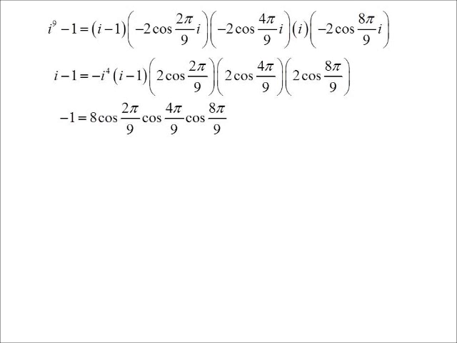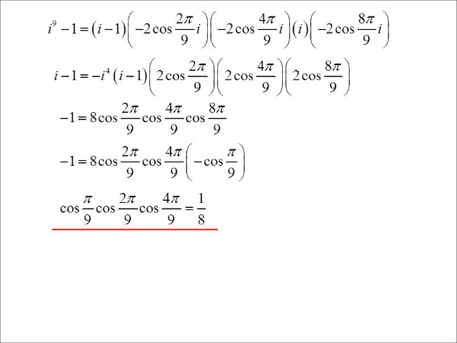We're almost there. What they asked didn't have a cos 8 pi on 9. 8 pi on 9 is in the second quadrant. So it's the same as the negative of the cosine of the acute angle, pi on 9. So negatives now will cancel. We have our solution.